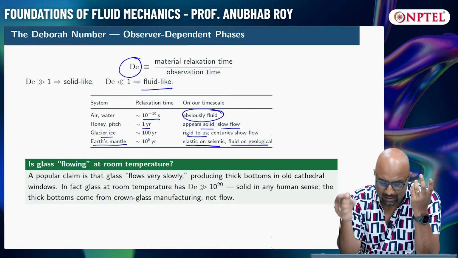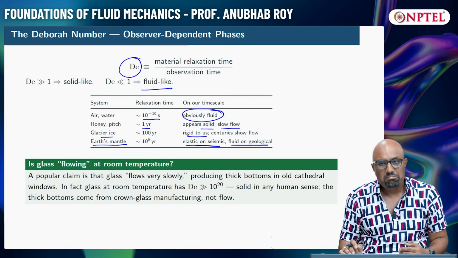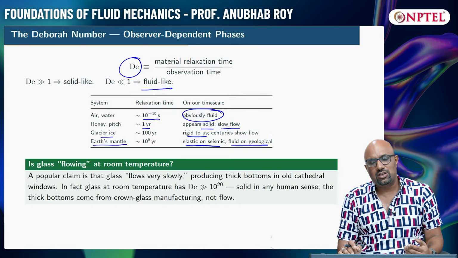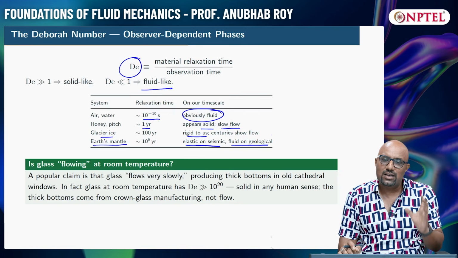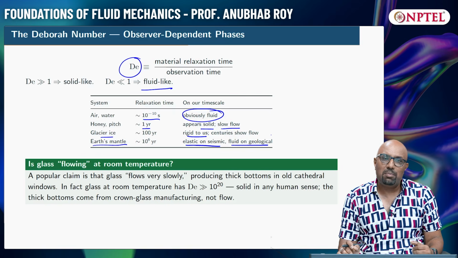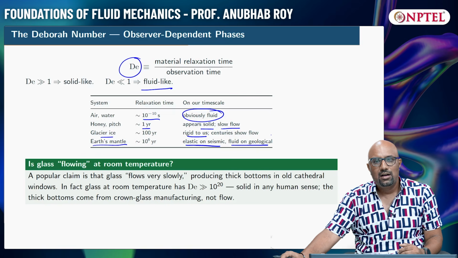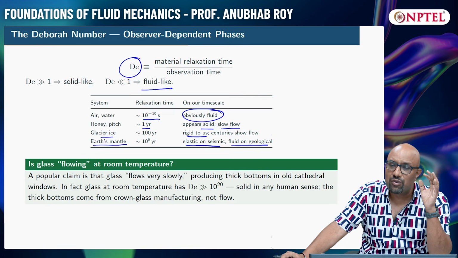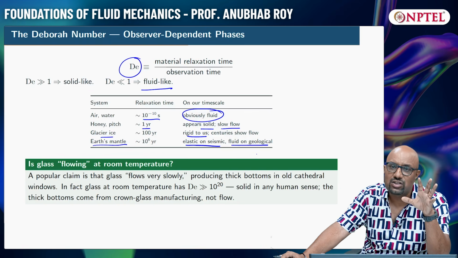So, in fact, at room temperature, based on this Deborah number, you can start asking questions in your observation time scale: would I be observing a solid-like behavior, or would I actually see a liquid-like behavior? This is a number that's quite useful if you were to probe material and study fluid mechanics of materials which are not going to behave in the traditional sense.